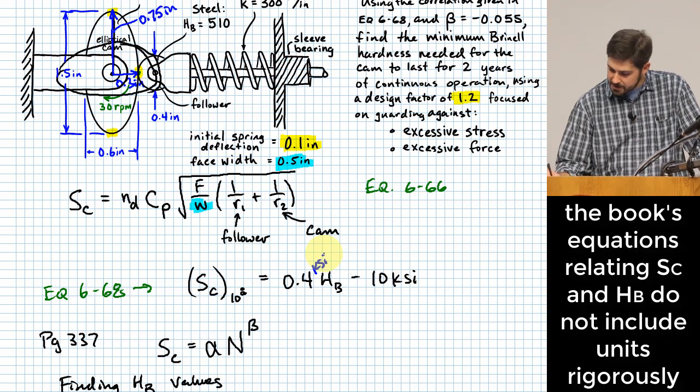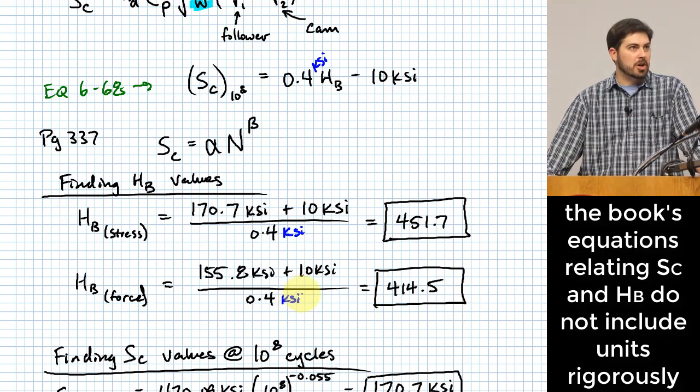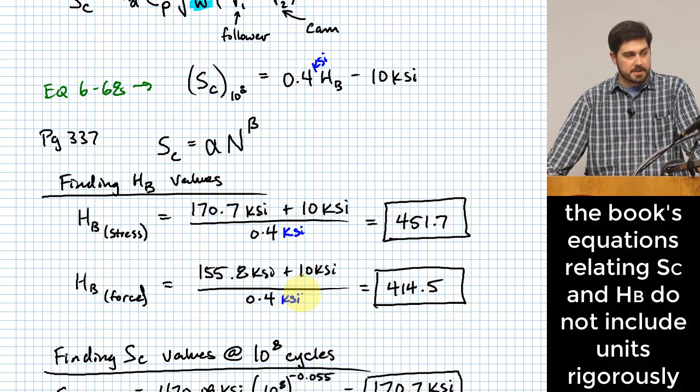And that would make sense if you went down here and you said apply a KSI here and a KSI here. That makes it work. They just left it out of the text.